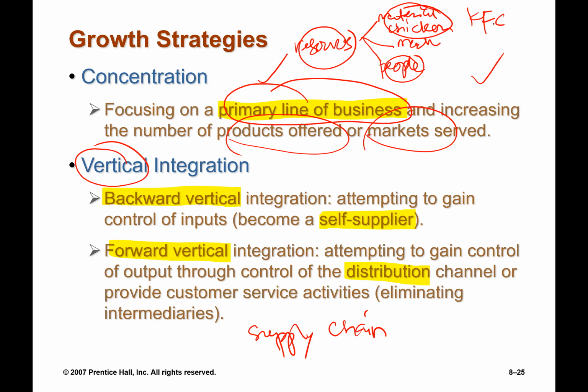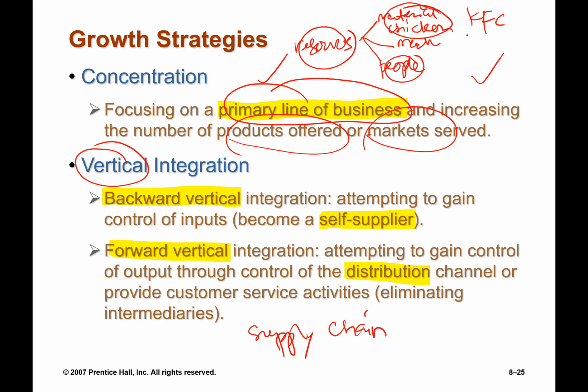What is the name of that farm? Okay, couldn't remember, but they do have. Why? Because in order to control the price of the product, which they sell at the KFC outlet, you need to control the raw material. Okay, so this is what we call supply chain.